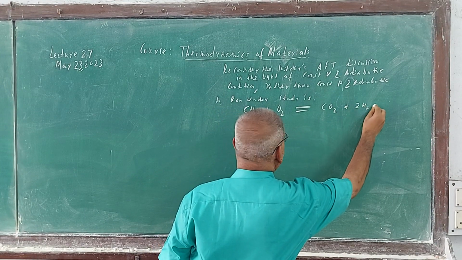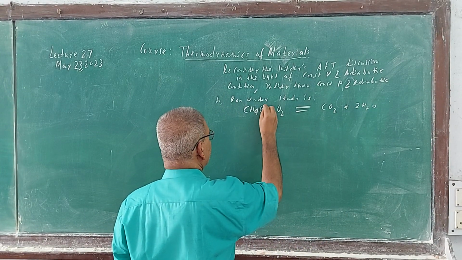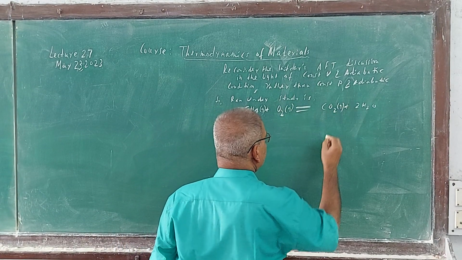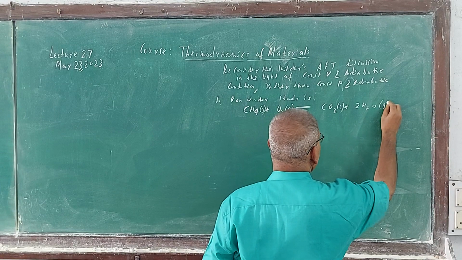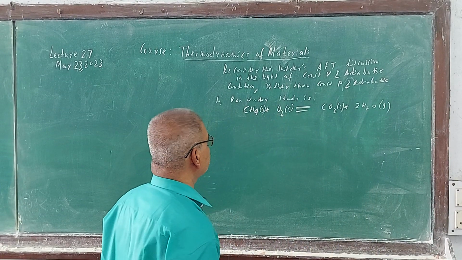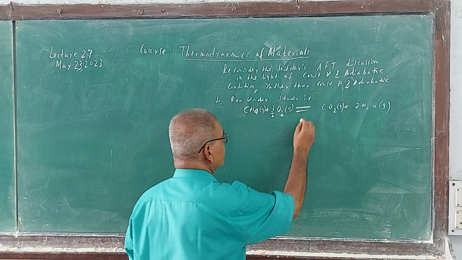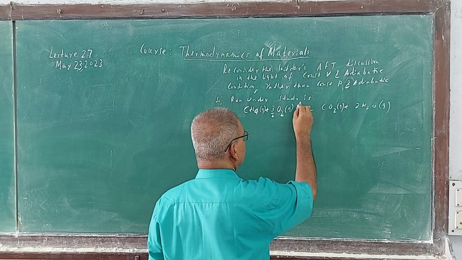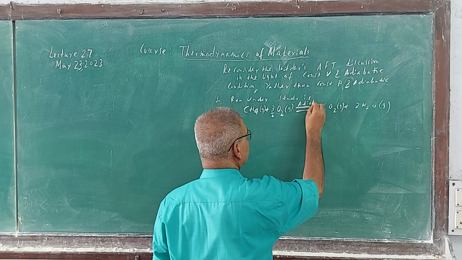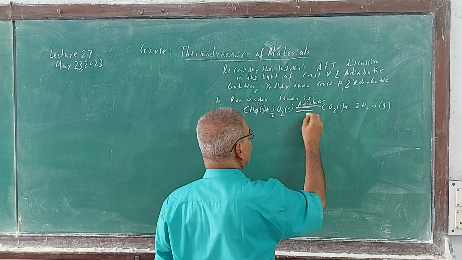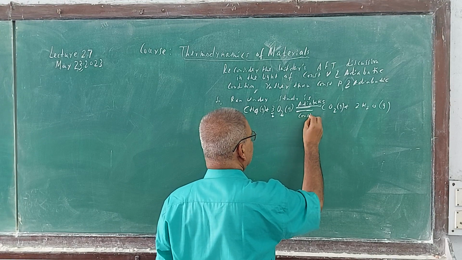These are all gases, so you write oxygen gas, CO2 gas, 2H2O gas. Okay? Today I am writing it as adiabatic as before, and constant volume.